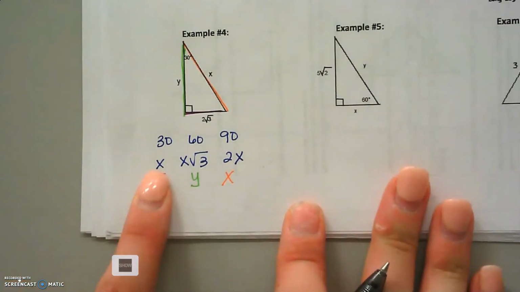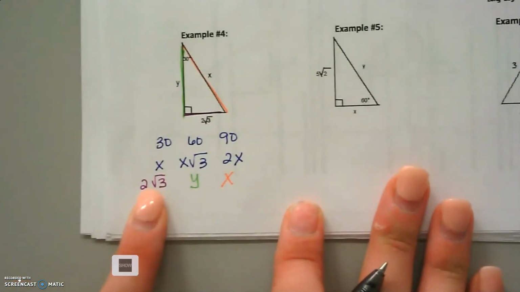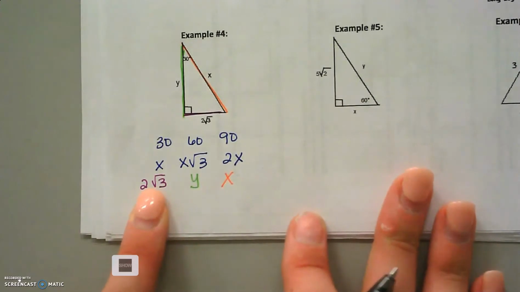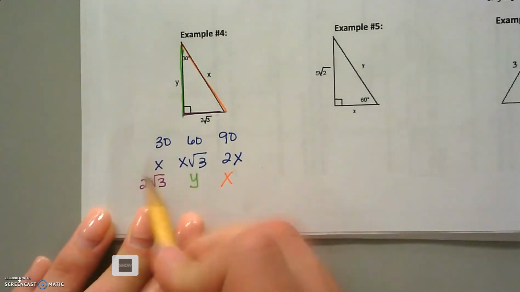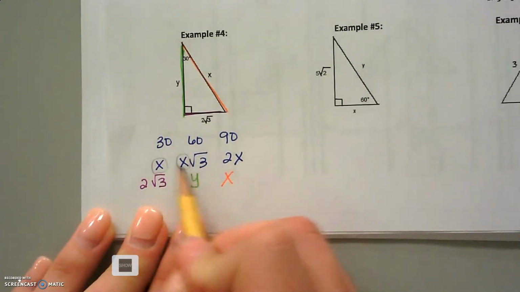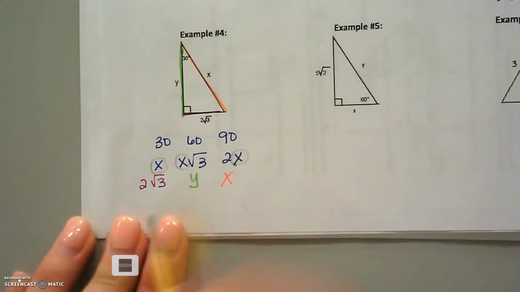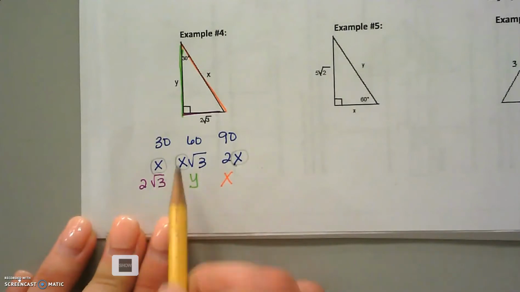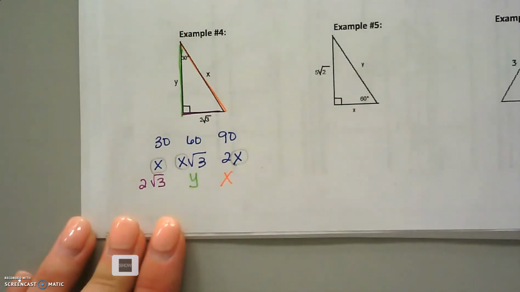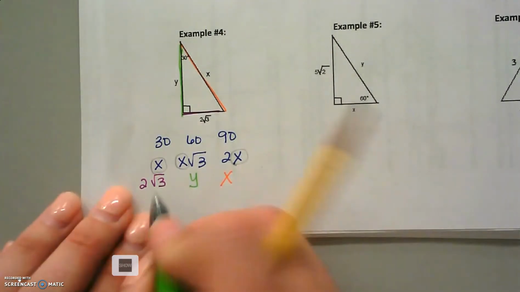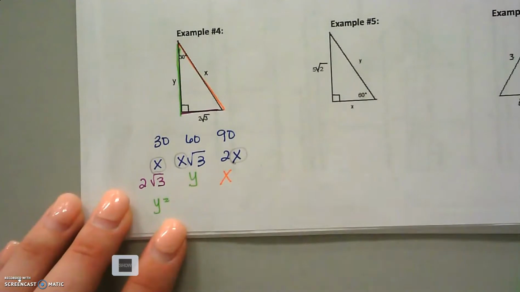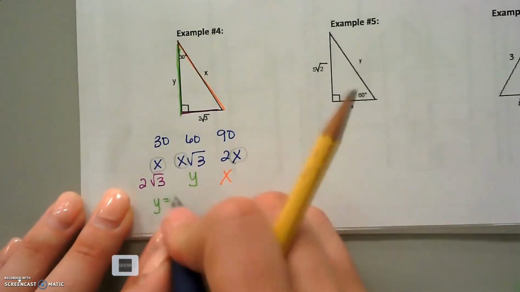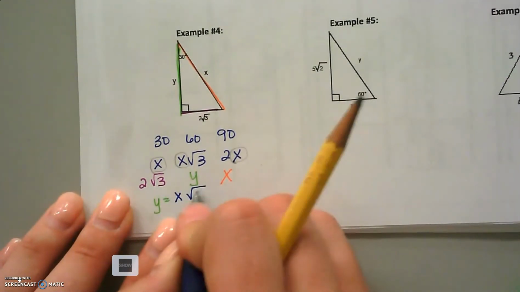So everything's going to start with my shortest side length because that's the side length that I was given. So just like before, all 3 of these x values are the same. So I'm going to use 2 square roots of 3 and substitute in for each of these rules. So my y value, my longest side length, is equal to x square roots of 3.